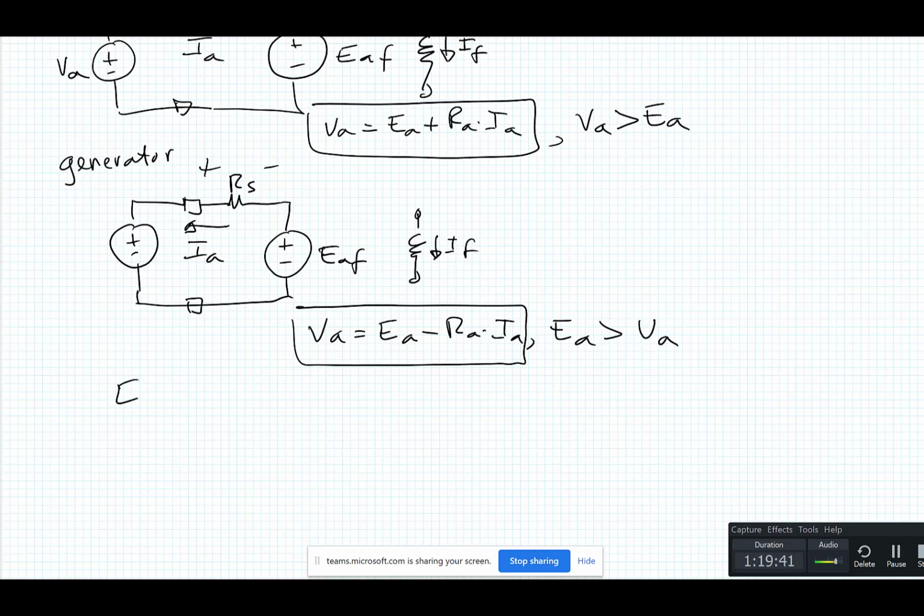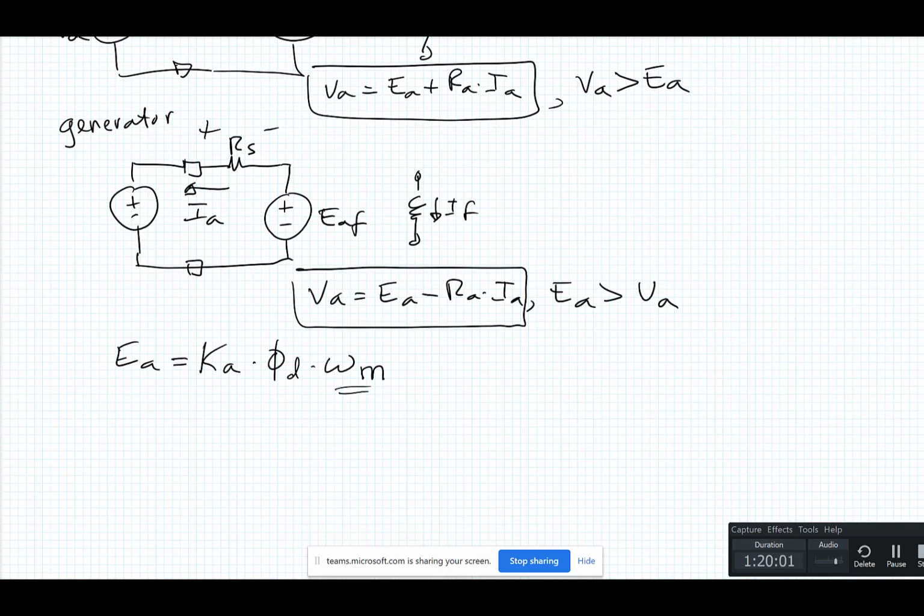And then just lastly, a couple more minutes. If we knew the speed, we could find EA. If we know what KA is, EA would be KA times the flux times the speed of the motor. I'm going to use omega m here for speed. We can also find IA.